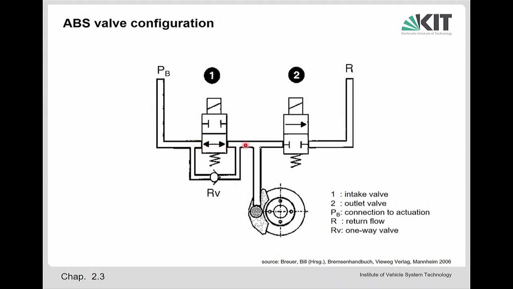It's open, and then the pressure goes to the brake cylinder, and the brake is activated. And if the driver releases the brake pedal, then this pressure is reduced, and consequently also this pressure is reduced, and the brake is released again. So that is how it is operated normally.